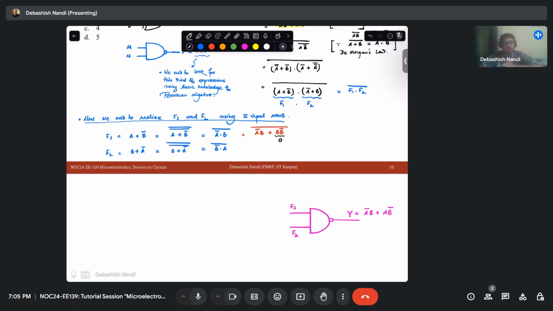This is nothing but 0, because if this is B, this is the universal set, so this will be B bar. So B intersection B bar is nothing but phi or 0.